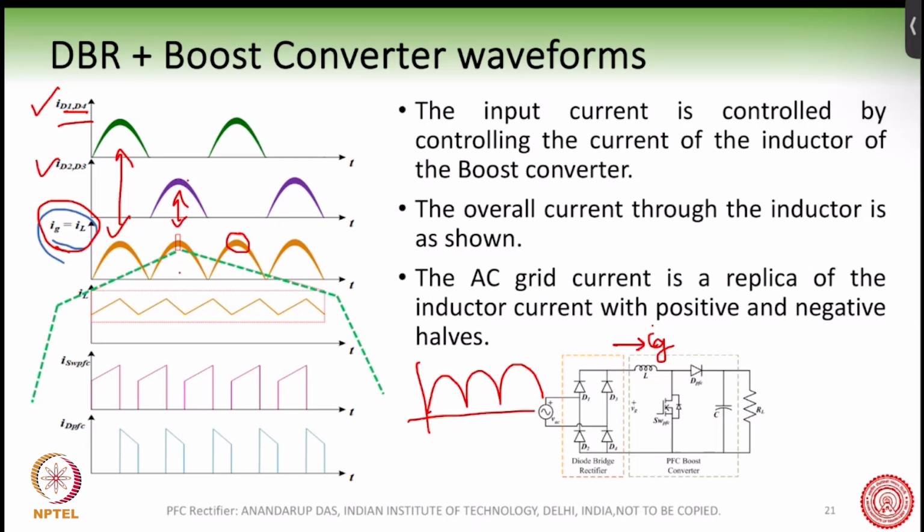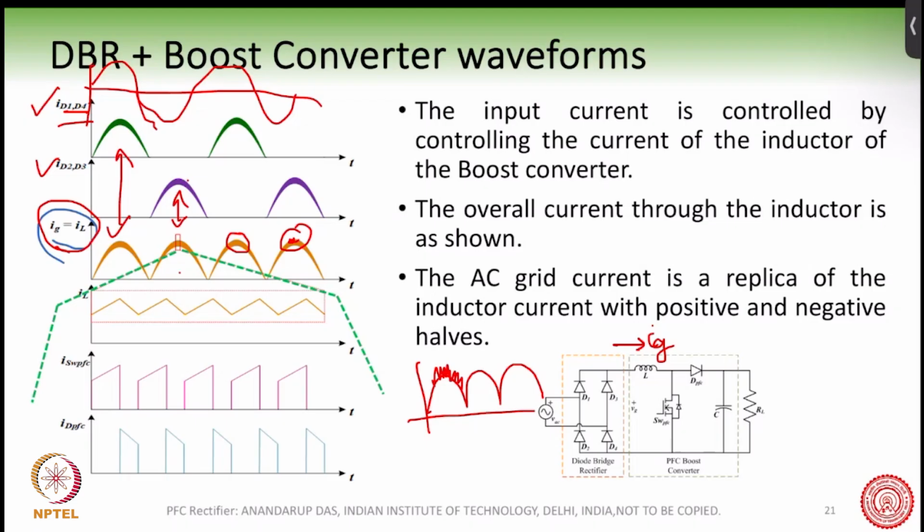And of course, the AC grid current, if I draw it at the top, will be something like this. But here you can see we have drawn a band. It's not a straight line, there's a small band of current.